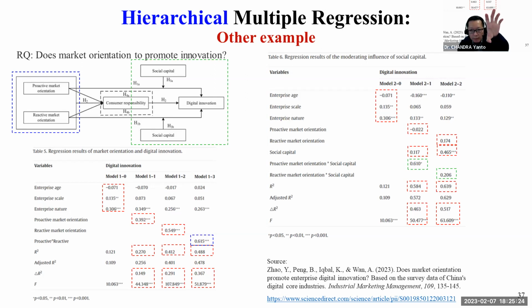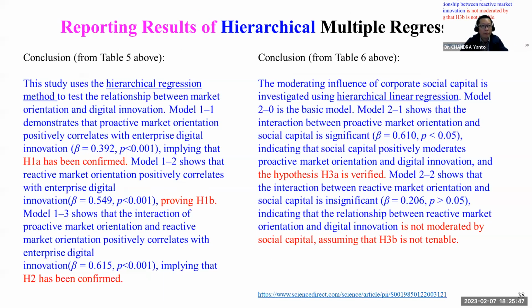Like the first step, model 2.0, that's the first model, and then model 2.1. They enter the proactive market orientation and the social capital, and then the interaction. And the next model is the reactive and social capital and the interaction between reactive and social capital. So in the same way, you can generate that, and they report the results like this.